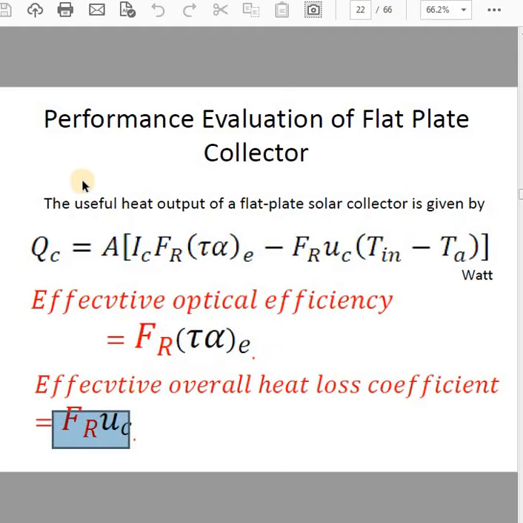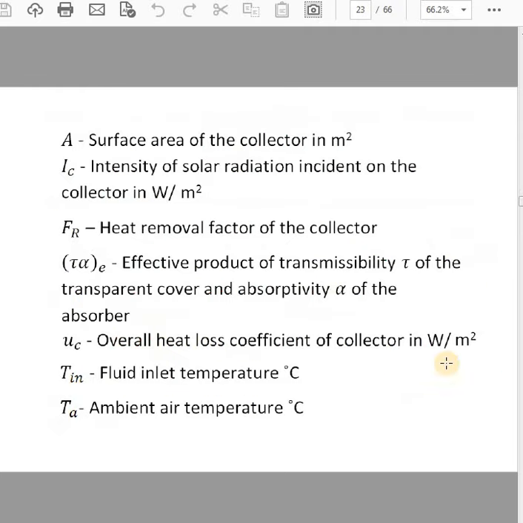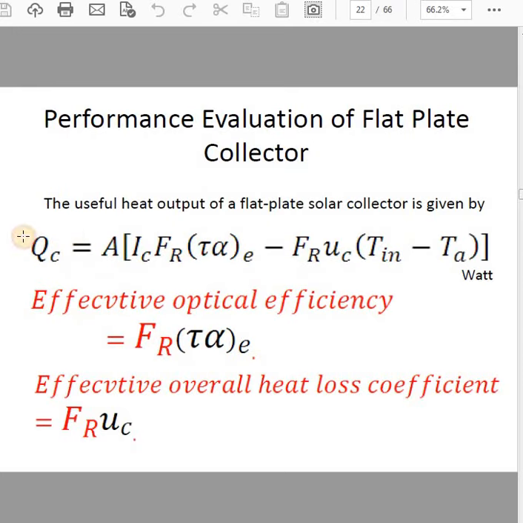So your heat output of the flat plate collector is calculated by considering the optical efficiency and the losses, and you are subtracting the losses from your optical efficiency. The area of the surface collector is also included. Here is the formula. This is the main formula for the heat output of the flat plate solar collector, and the effective efficiency is also calculated.